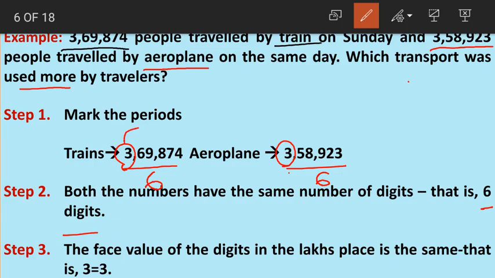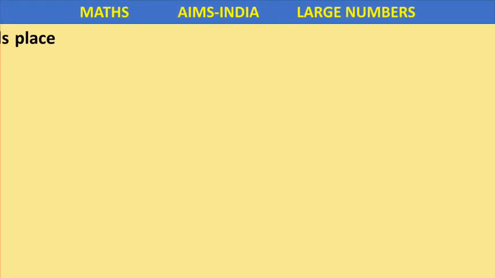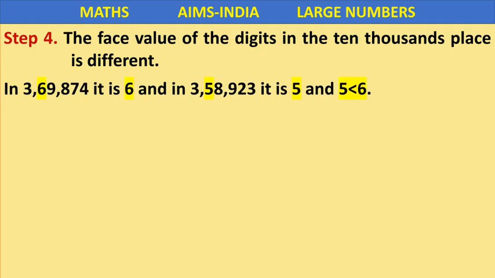So the digit on the extreme left in both the numbers is the same, that is 3 is equal to 3. Now on the basis of this, can you say which of them both is the highest number? No. Now what should we do? We should move on to the next digit. In which place? In 10,000s place.